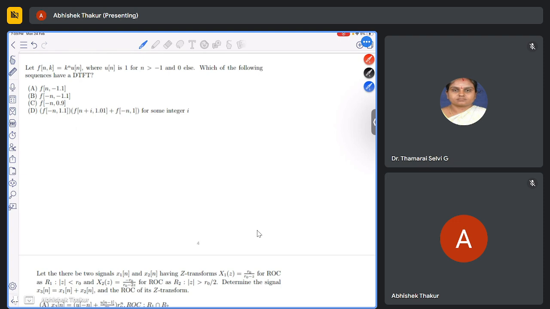Let a given function f[n] be k to the power of n u[n], where u[n] is 1 for n greater than minus 1 and 0 elsewhere. So u[n] is 1 when n is greater than minus 1. So for 0, for 1, for 2, all values are 1, and after that it is 0.